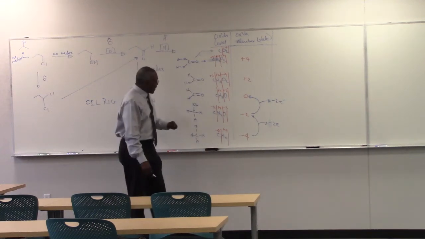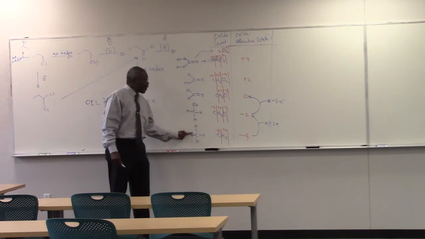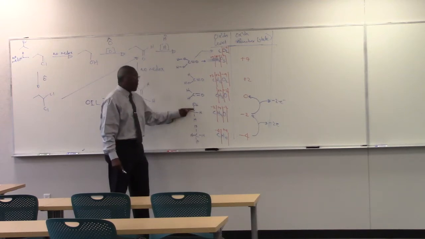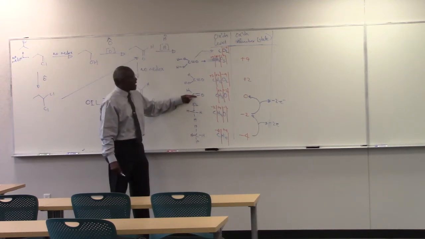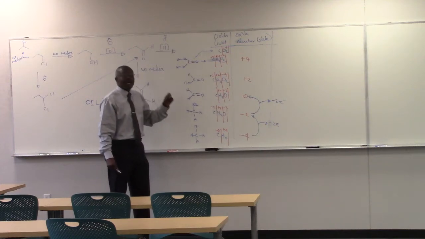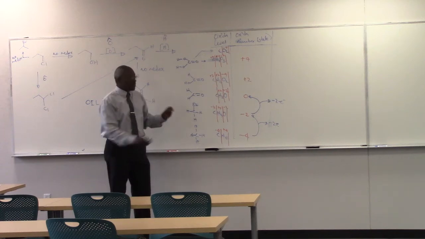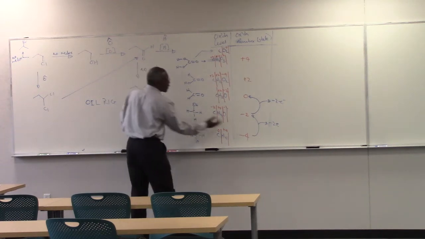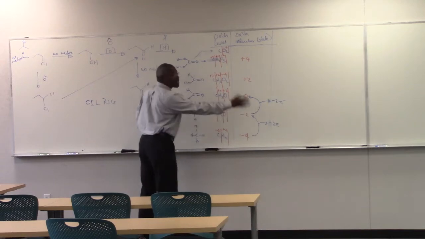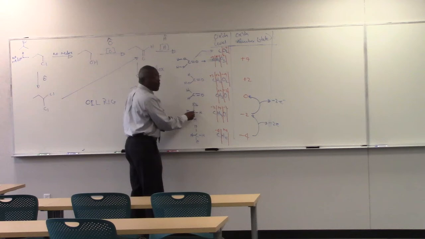Put another way, every time I gain a bond to a heteroatom, here I have no bonds to heteroatoms, here I have 1, here I have 2, here I have 3, here I have 4. Every time I gain a bond to a heteroatom, I'm losing 2 electrons, right? Because the 2 are the same. So as I go up this way, I'm losing 2 electrons from the electronic standpoint, but I'm also gaining 1 bond to a heteroatom.